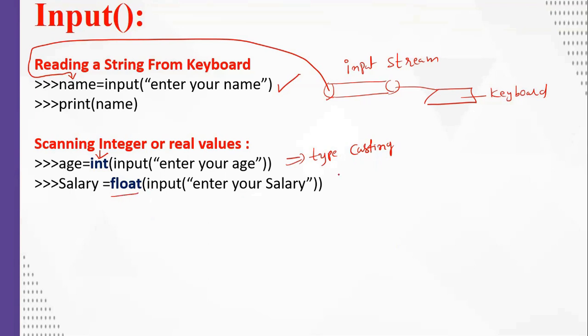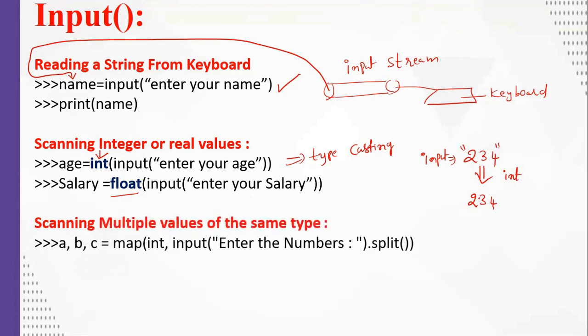So int and float are predefined classes which will convert the data entered in the form of a string into either an integer or a real value. For example, if you enter a value like 234, the input will scan this as a string. But if you want to convert that into an integer, apply int to typecast that, then 234 becomes an integer. That way you can scan integers or real values.